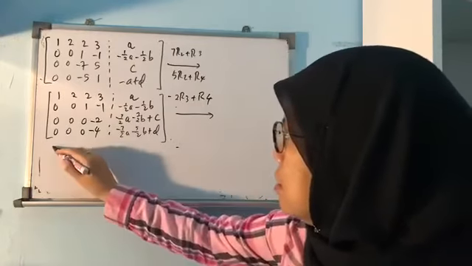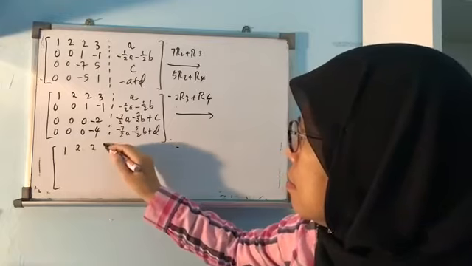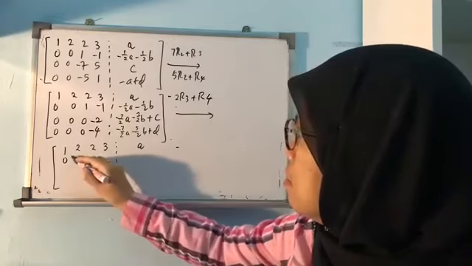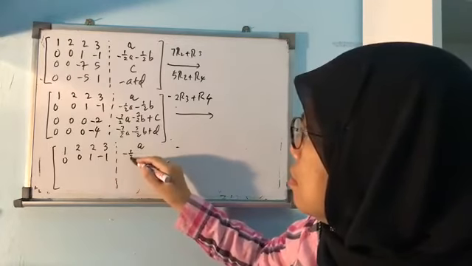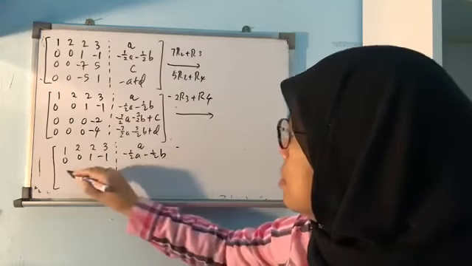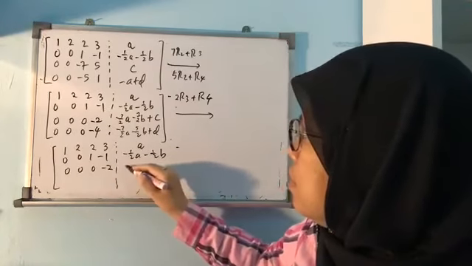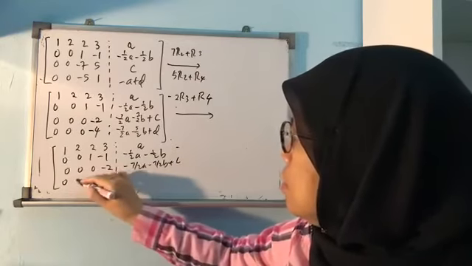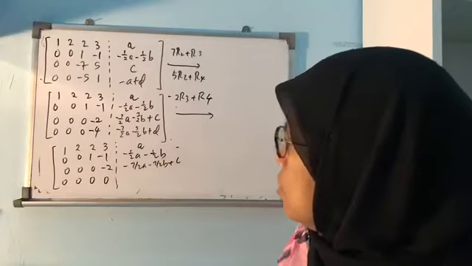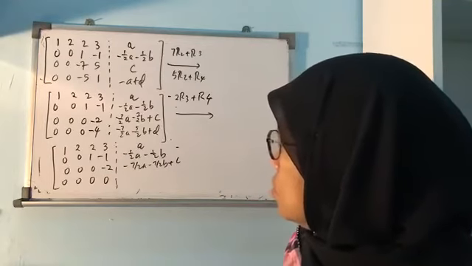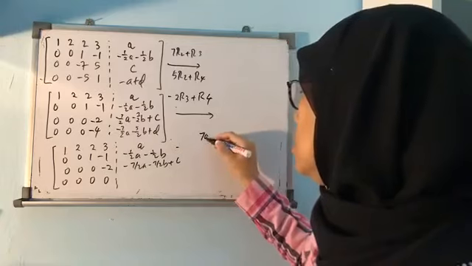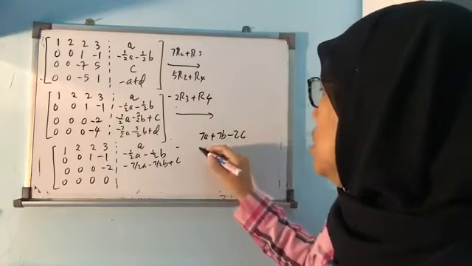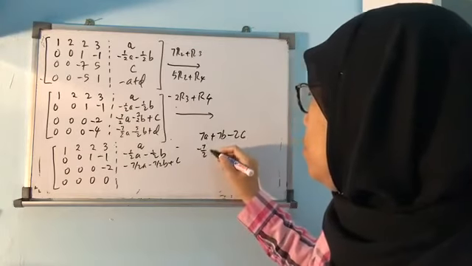Okay. I just leave this first. 0, 0, 0, 0. Negative 2, row 3, that will be 2, 7a, negative 2 plus 7b minus 2c, then I have plus R4.